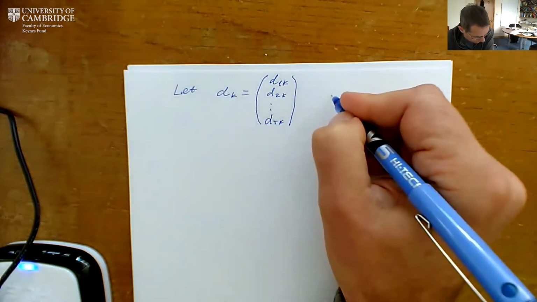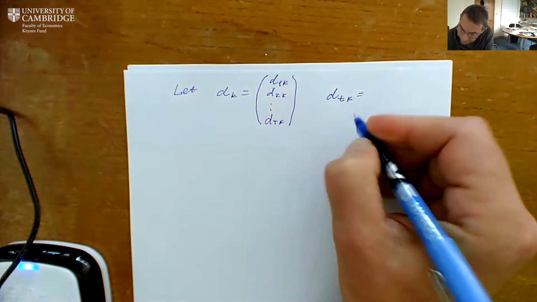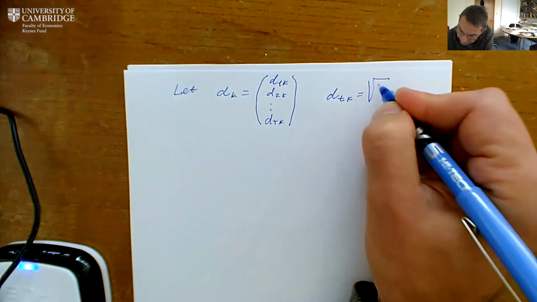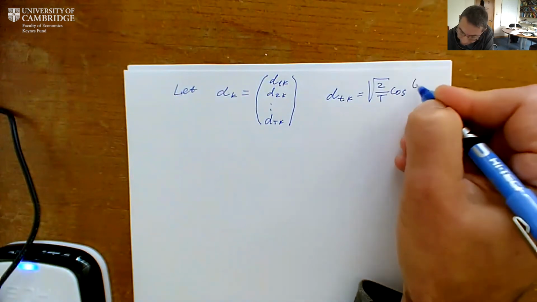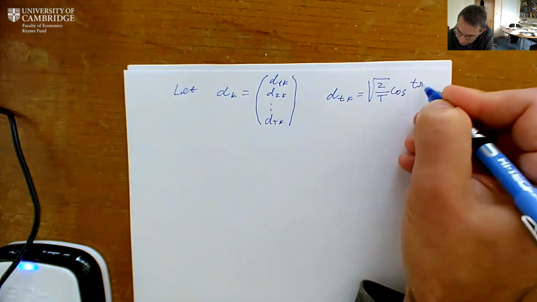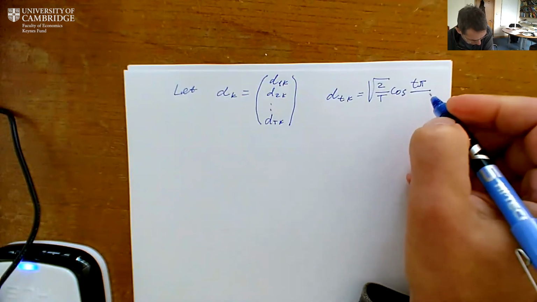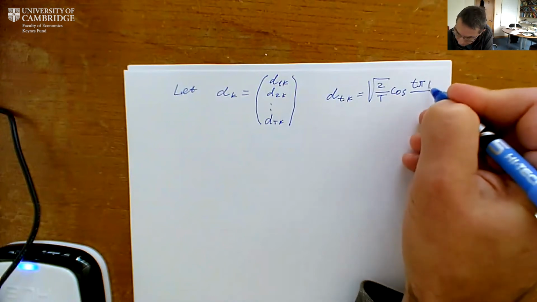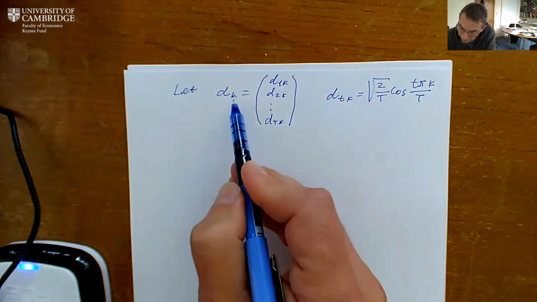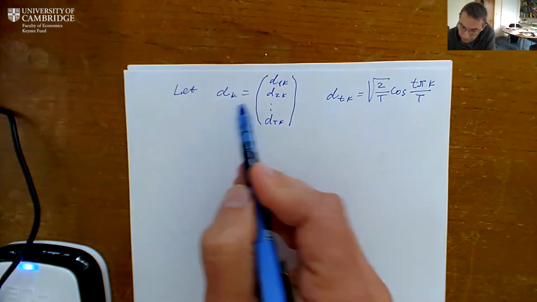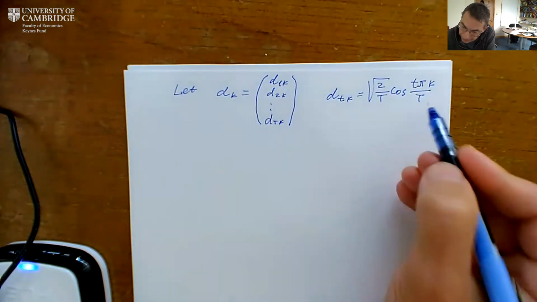But this is a deterministic vector defined in a particular way. Specifically, the component t of this vector is proportional to cosine of t times k pi, divided by capital T. So this k can be 1, 2, 3, etc. And as I say, it is a T-dimensional vector, and this is just a cosine.